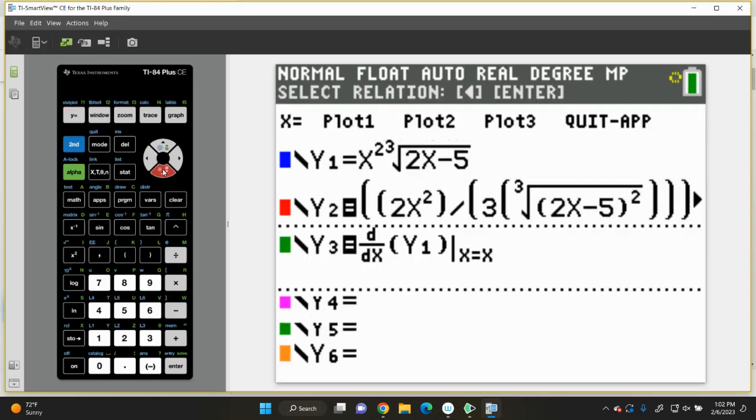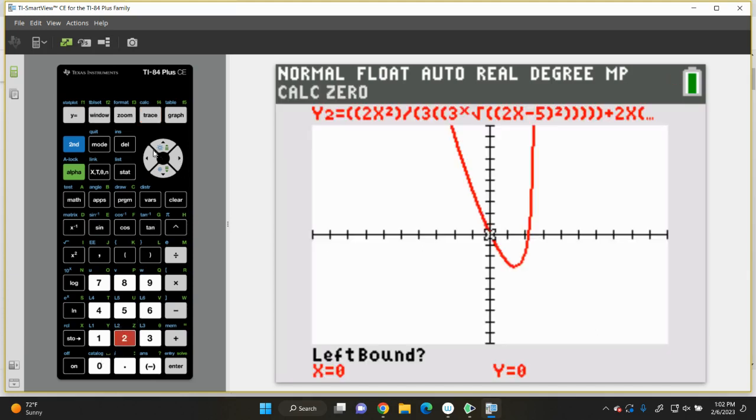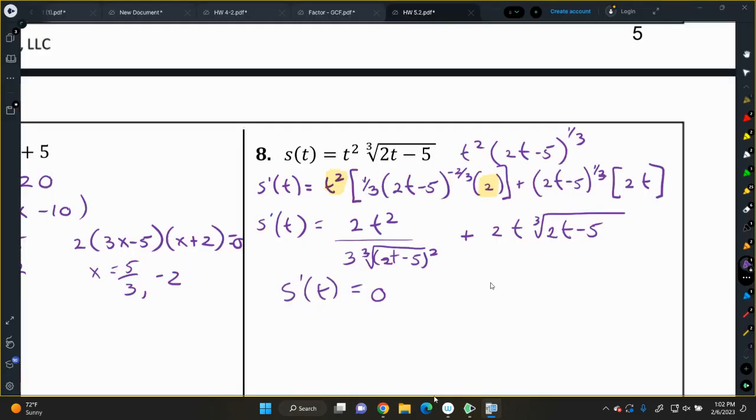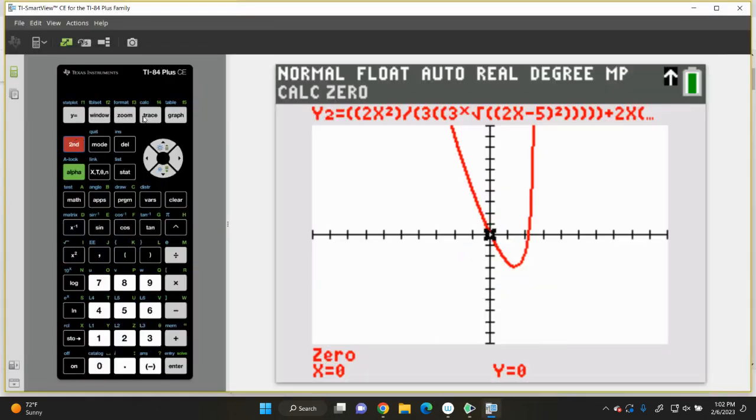So let's turn one of these off. Right, and I'm going to do a calculate 0. I'm finding where it equals 0. And it equals 0 at 0, so that's one of my points. There you go. X equals 0. Where else does it equal 0? So we're going to do it again.